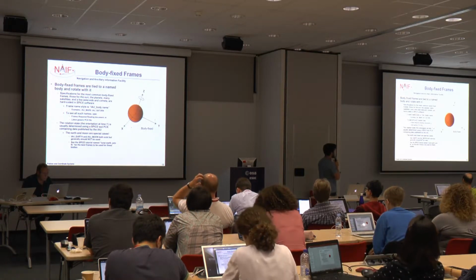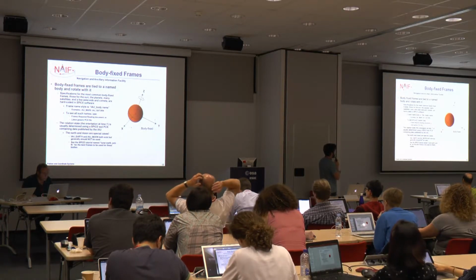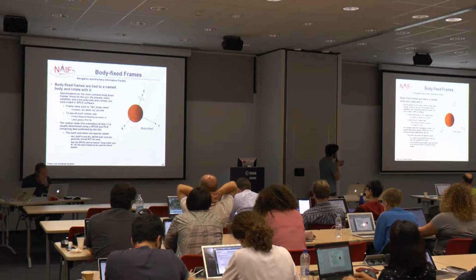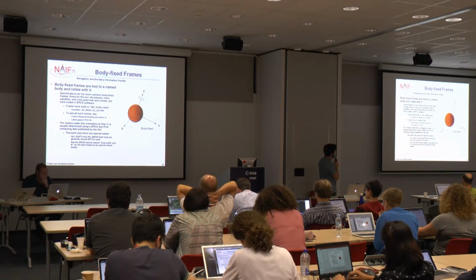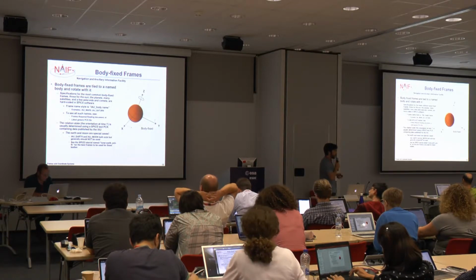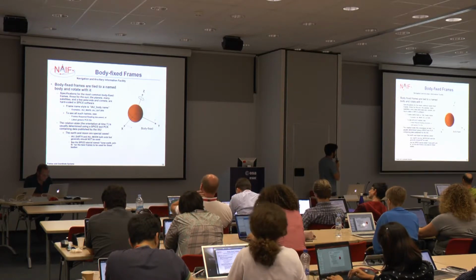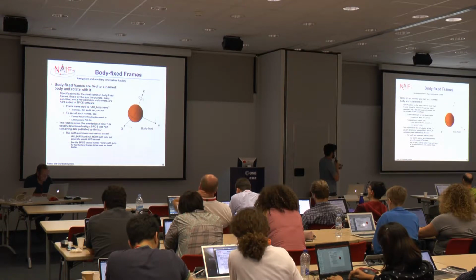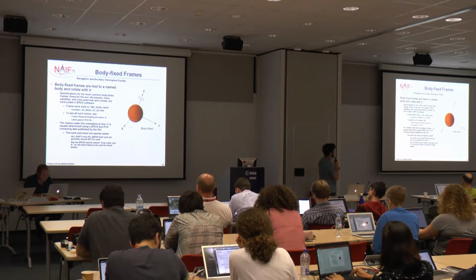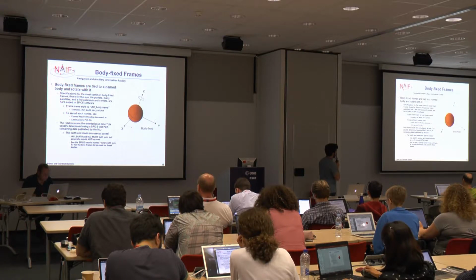So IAU Mars, IAU Saturn, and so on. Nevertheless, even though their definitions are hard-coded in the toolkit, you still need to load the latest generic PCK file, which will provide the required parameters for their orientation to be modeled. You can also look at the frames required reading document for further information on these kinds of frames.